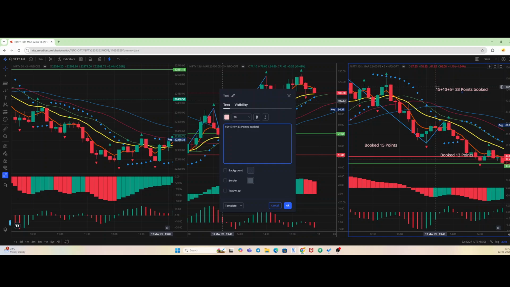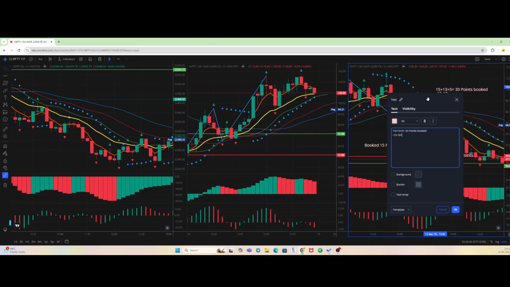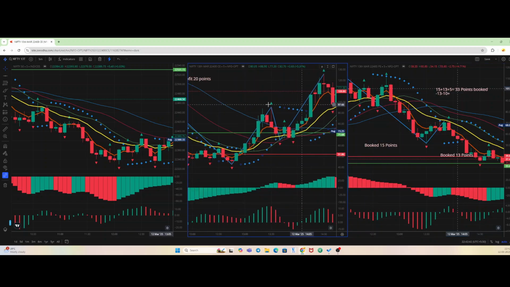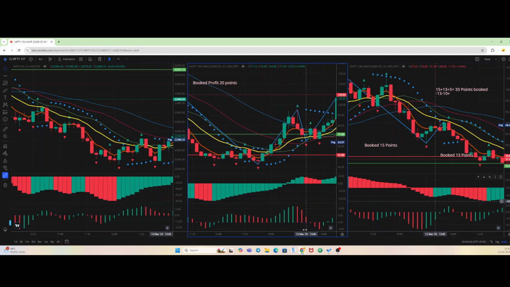C side first minus 13 point, second minus 10 point, then plus 20 point. C side you can see here my plus 20 point, correct.